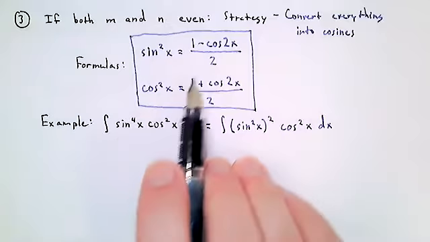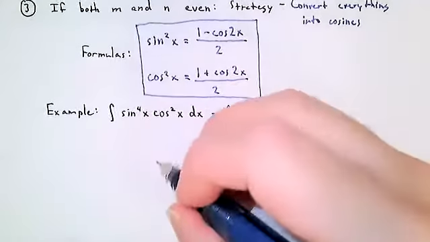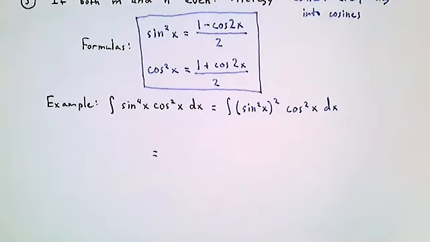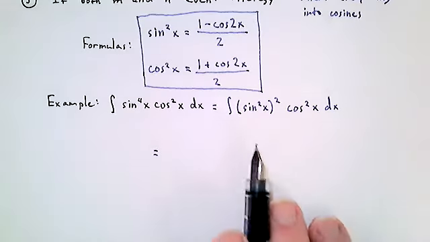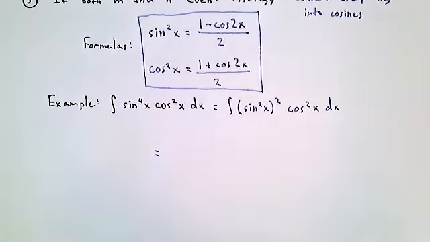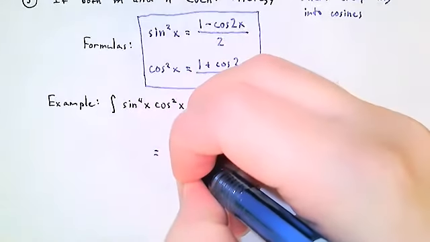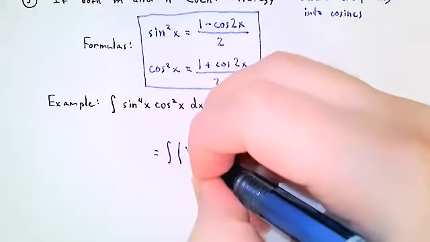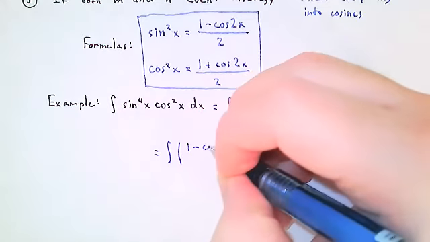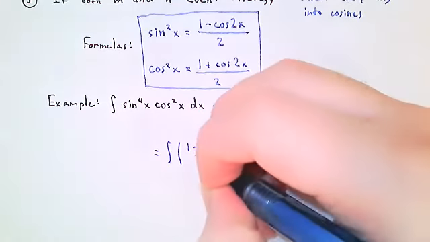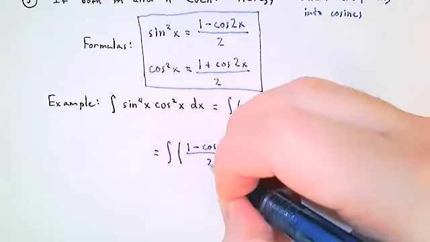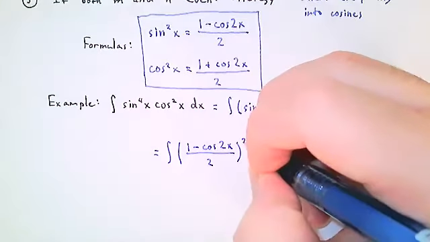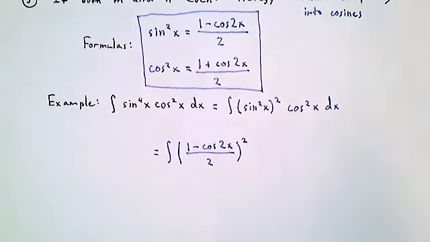And we're going to use both of these formulas and substitute in. And I'm going to have to give myself a little bit more room. So I'll put my equal sign back over here. Sine squared of x becomes 1 minus cosine of 2x over 2. And we have a square here, so remember to copy that down as well.